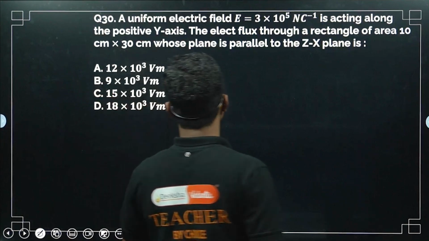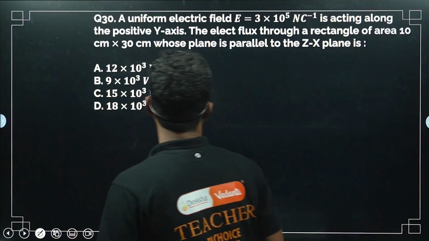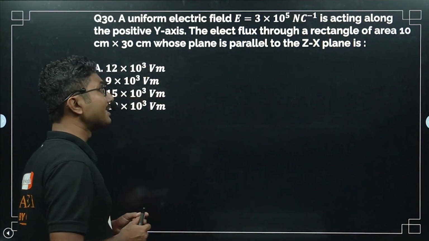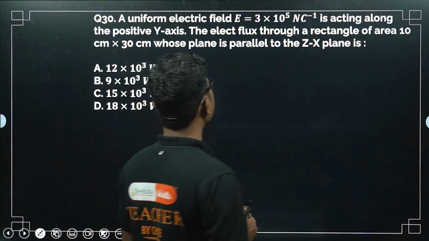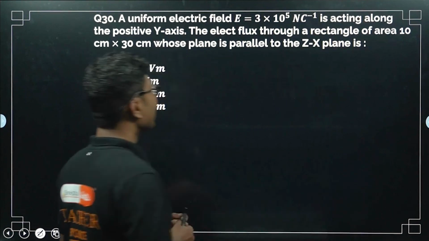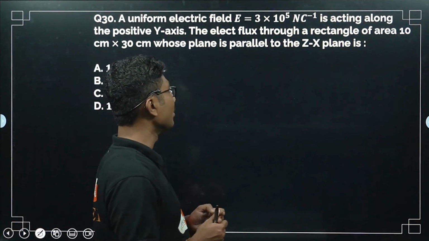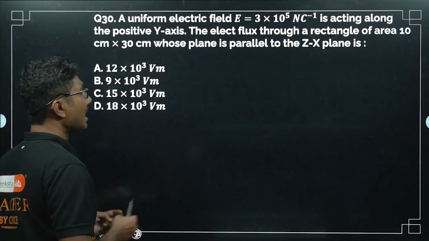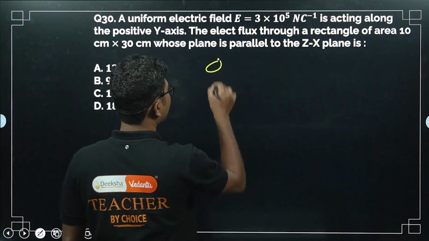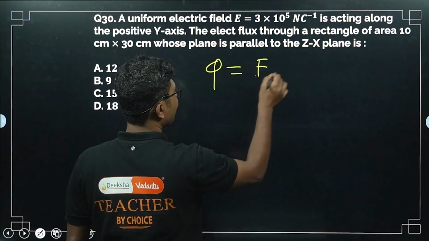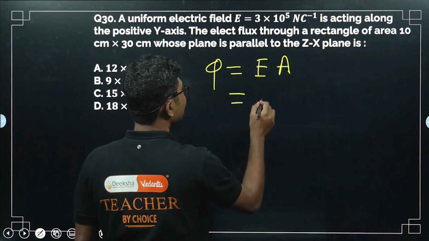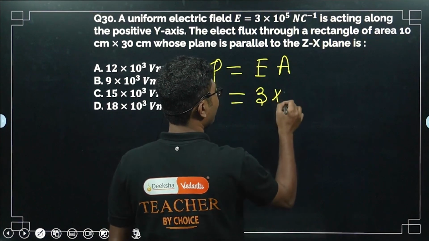Now, a uniform electric field E equal to 3 into 10 to the power 5 Newton per coulomb is acting along the positive y-axis. The electric flux through the rectangle of area 10 centimeter into 30 centimeter whose plane is parallel to the zx plane is given by. So this is also very simple. We know that flux is given by E times A. So E is given as 3 into 10 to the power of 5.